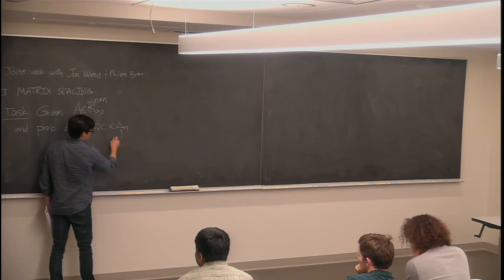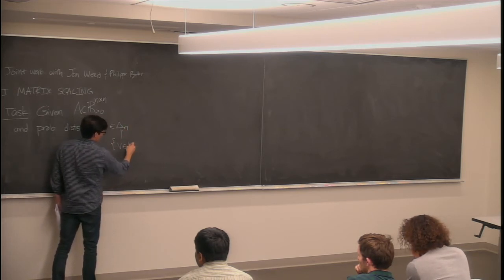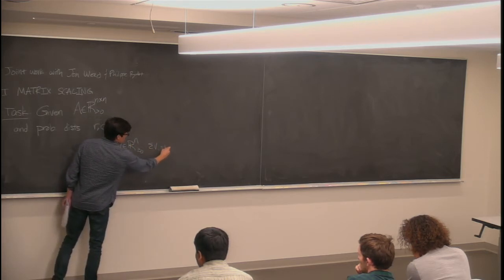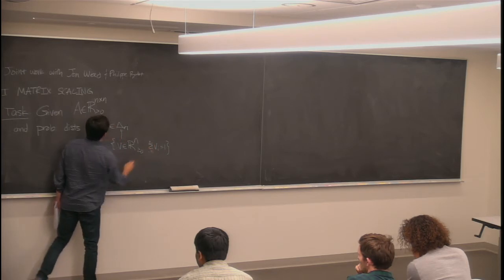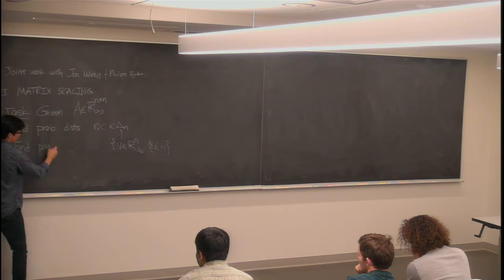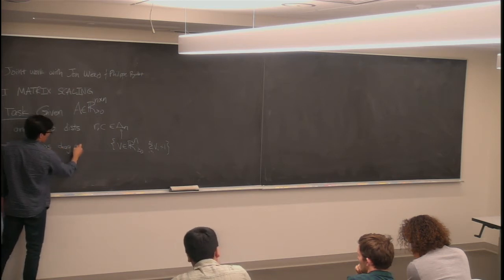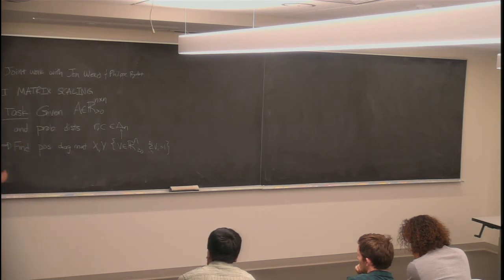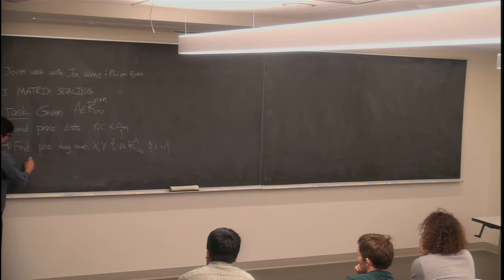The simplex is just all vectors that are non-negative and whose entries sum to 1. And the task is to find diagonal matrices, in fact positive diagonal matrices, X and Y, such that this scaled matrix, B = XAY, satisfies something I'll write in a second.